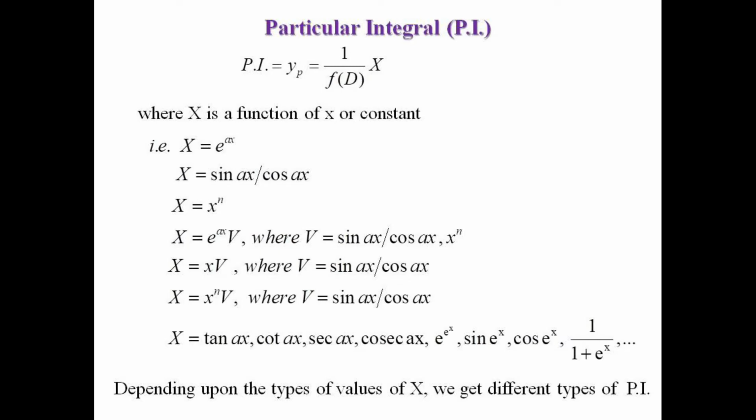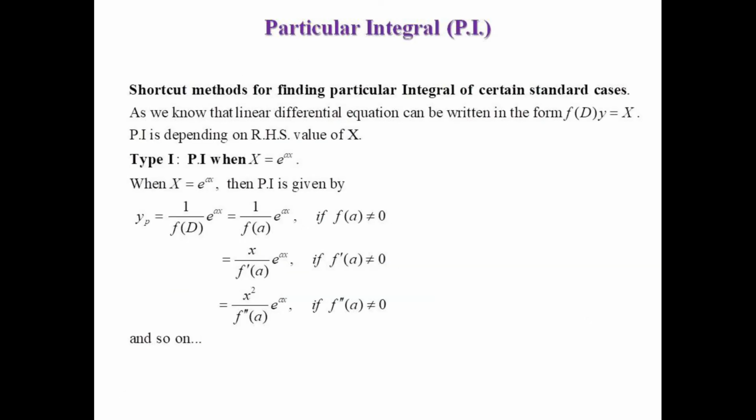In this presentation we are discussing the first type: how to find the value of particular integral when the right hand side of the linear differential equation with constant coefficient, that is capital X, is equal to e raised to ax, an exponential function. These methods are called shortcut methods for finding the value of particular integral in certain standard cases.